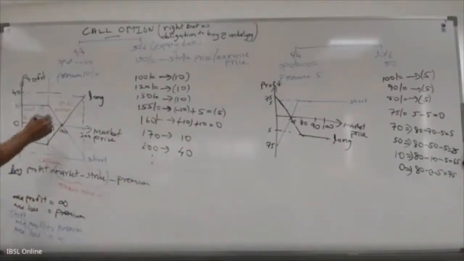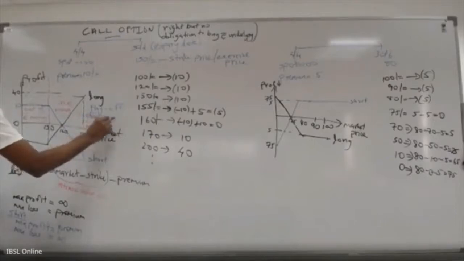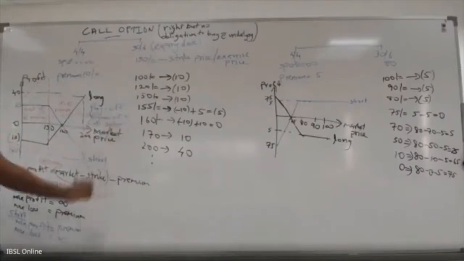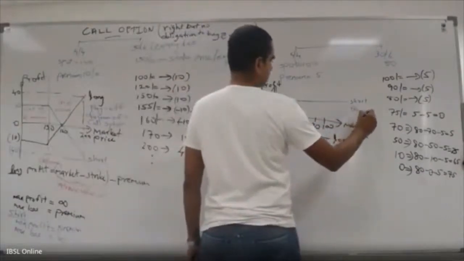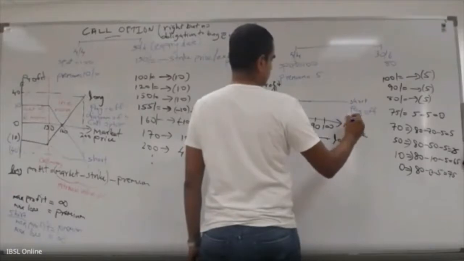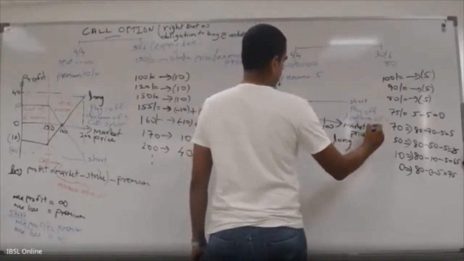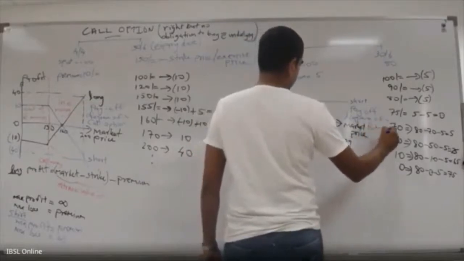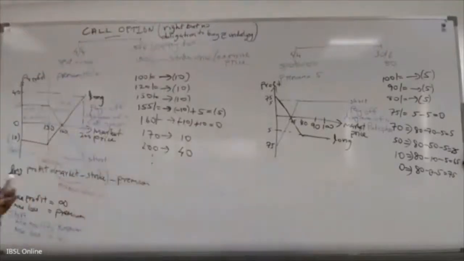So this is the payoff diagram of a call option, whereas this one is the payoff diagram of a put option.